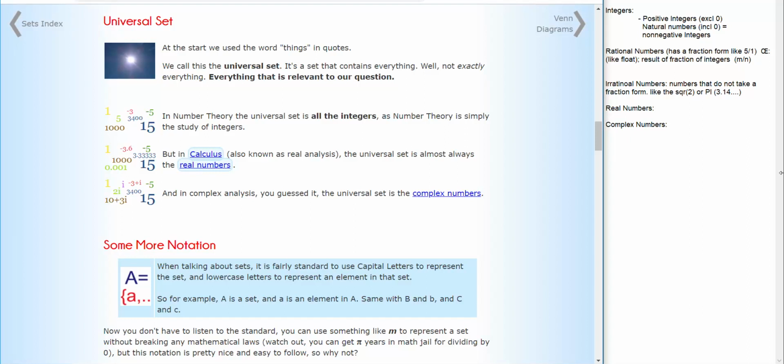Real numbers are a combination of integers, floats, as in rational numbers, irrational numbers. Or maybe the irrational numbers could be in the complex set. So the complex set is a bigger set than the real numbers.